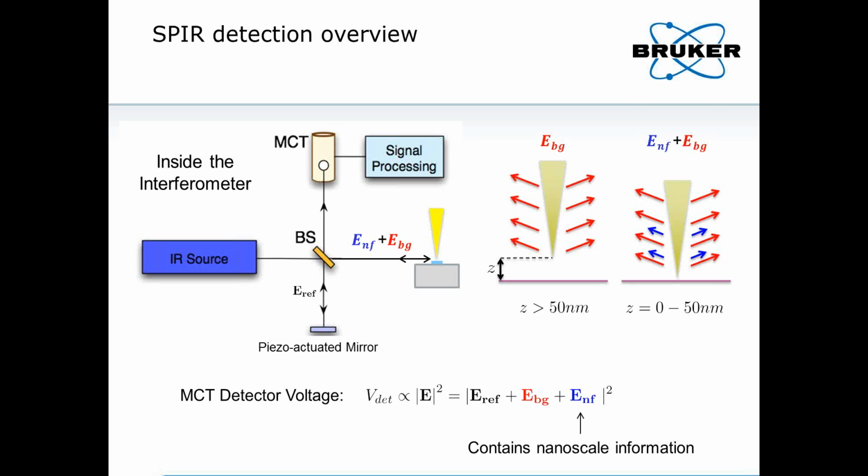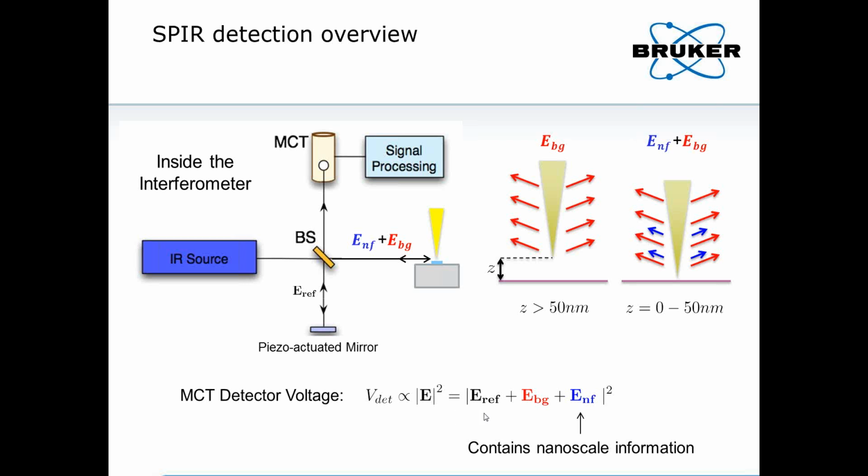These blue arrows, which we refer to as the near field, E near field, are the contribution to the detector voltage that we're after. Now, the detector detects a voltage which is proportional to the electric field squared. It's the intensity.